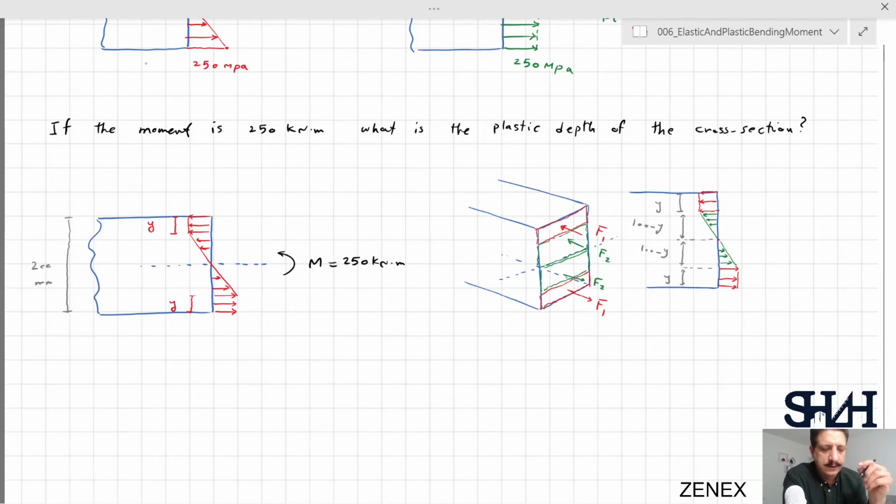As far as F1 is applied in the constant or rectangular stress distribution, it will be applied in the center of this. And then the distance to the center will be 100 minus y divided by 2.